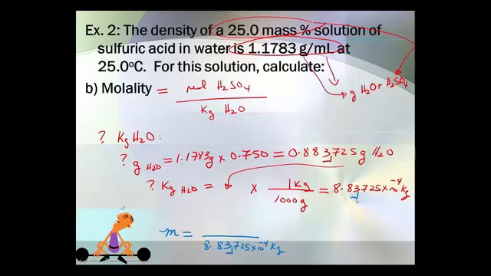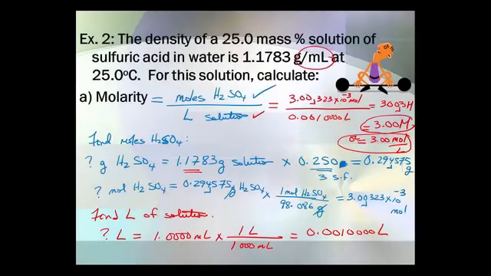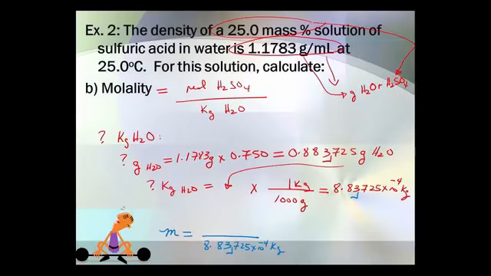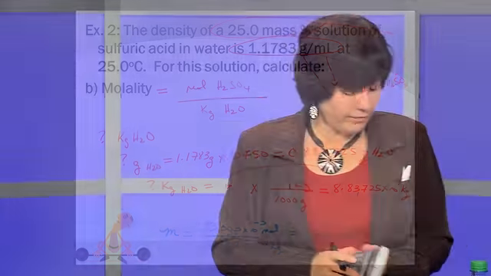Let's back up a moment to find the moles of sulfuric acid. 3.003 times 10 to the minus 3. Notice that you don't want to use a rounded number. You want to use at least one digit beyond the last significant figure that you want to keep. If you keep more, that's okay, but you don't want to round it off yet.